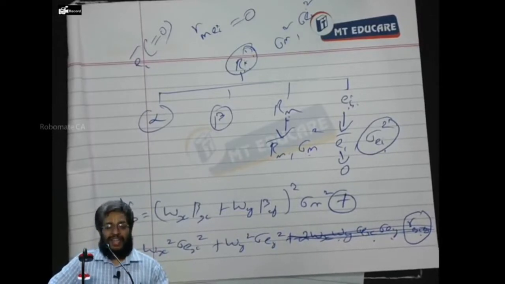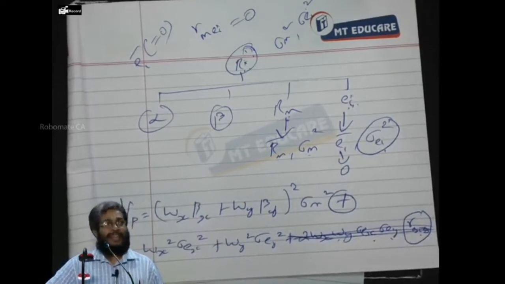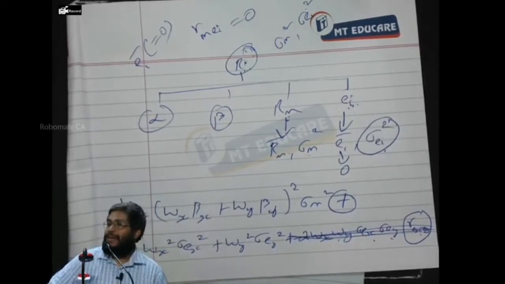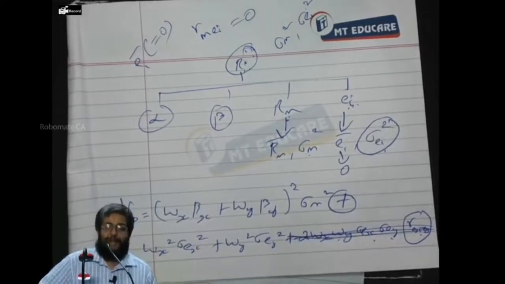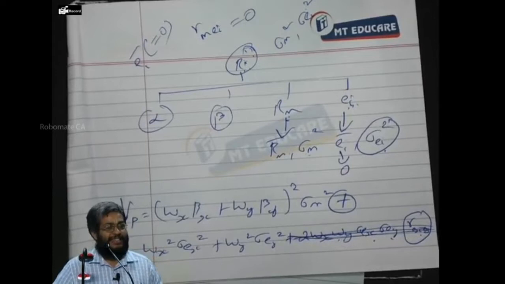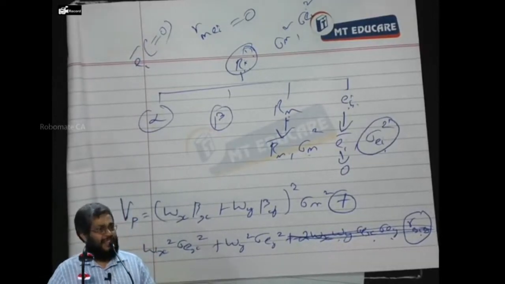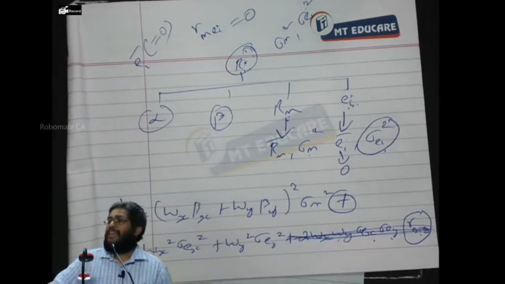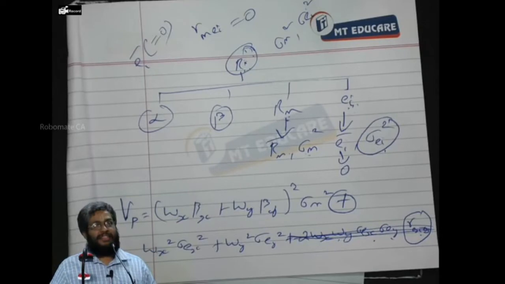If correlation exists, it will not happen. Like if a white crow exists, then it is not a crow. If correlation exists, then the error is not random error.